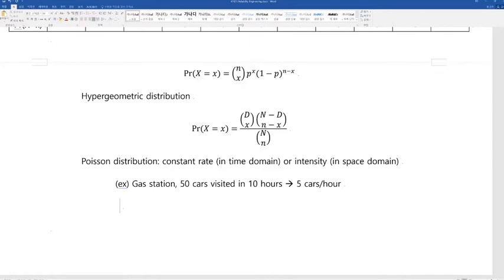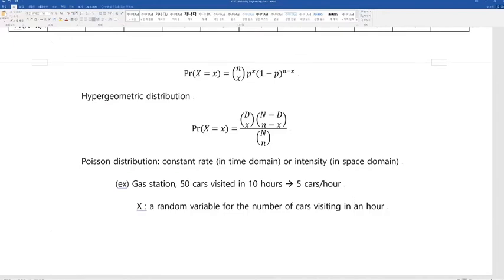Then x, a random variable, means the number of cars visiting in an hour, so not on average.